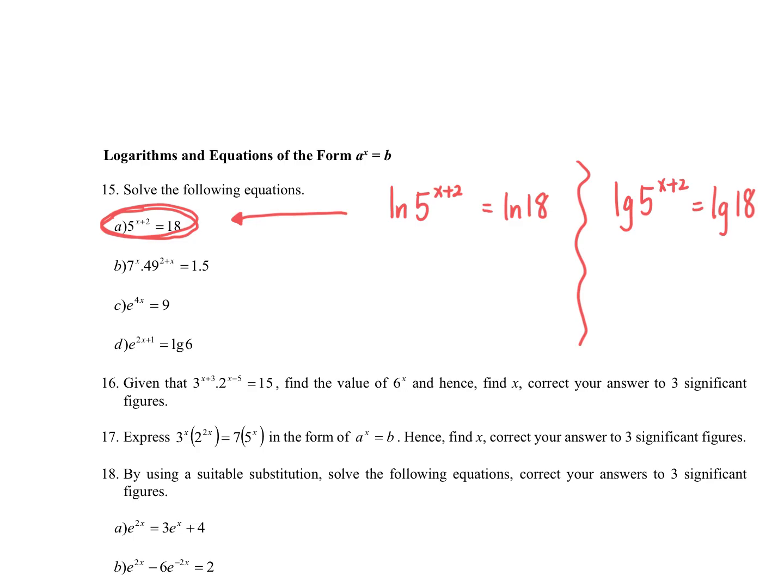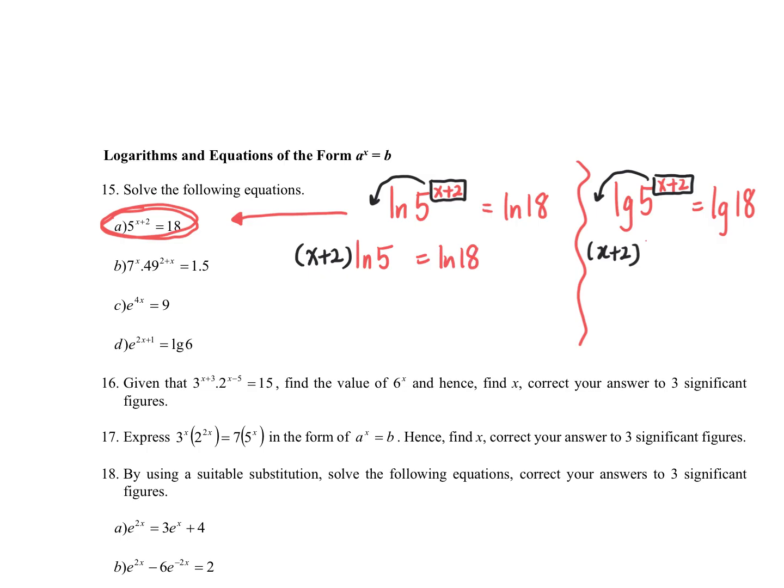Okay, so once you apply this, you can use the power rule to bring this down. The whole idea is to be able to bring the power down so that you can solve the unknown. So now I can bring my x plus 2 down. I'm showing you both, but either one will do. You don't need to show both. You just need either one of them.